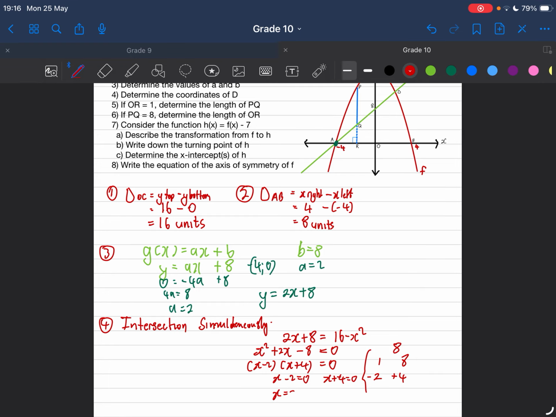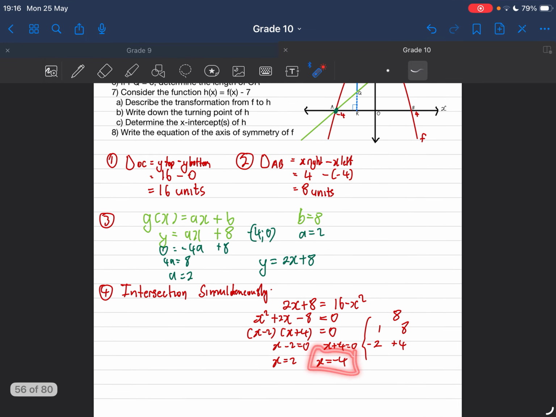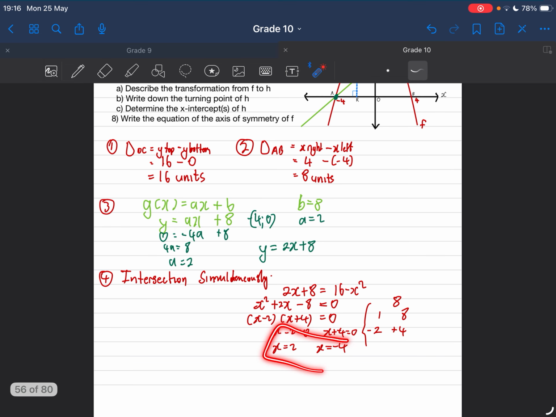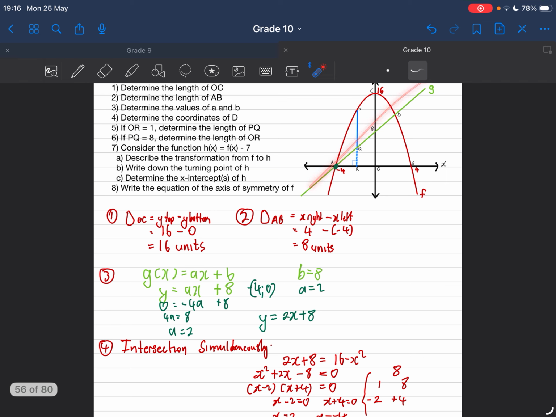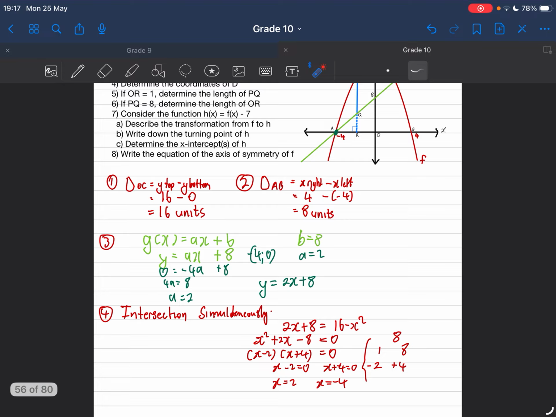So x has to equal 2, so x has to equal -4. Now this -4, well, why are there two answers? It's because the straight line intersects the parabola twice, once over here and once over here. So that's why we have two answers. So the -4 belongs here. We've already figured that out. So the 2 will have to go here. So the x coordinate of D is 2.